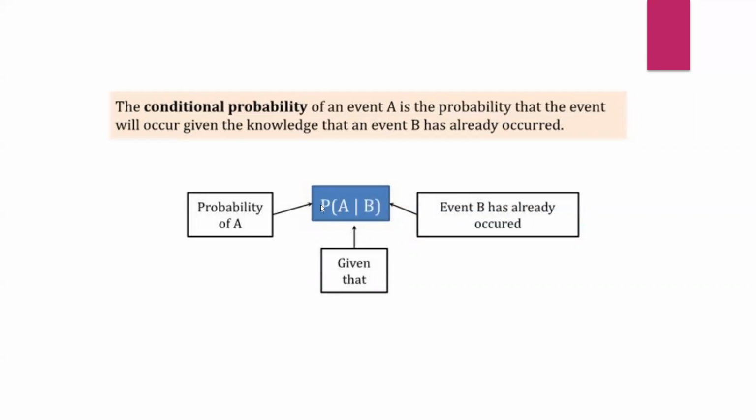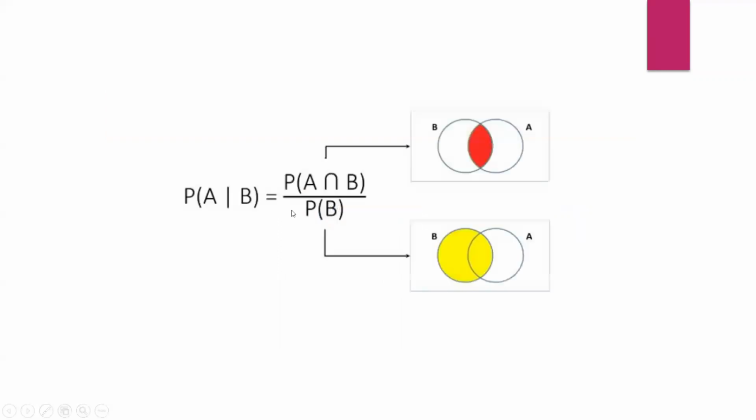The conditional probability of an event A is the probability that the event will occur with the knowledge that event B has already occurred. So the formula is P of A given B is equal to the probability of A intersection B divided by the probability of B.